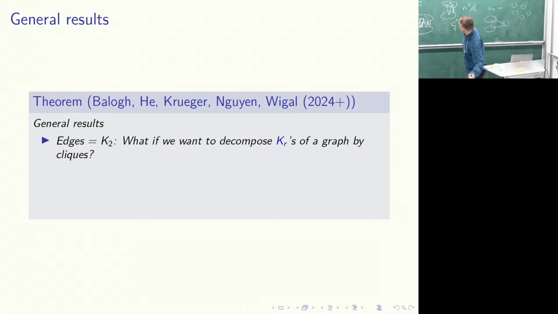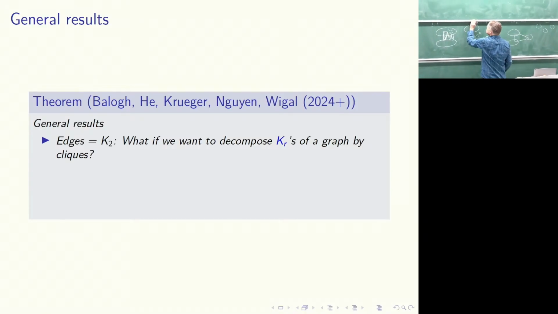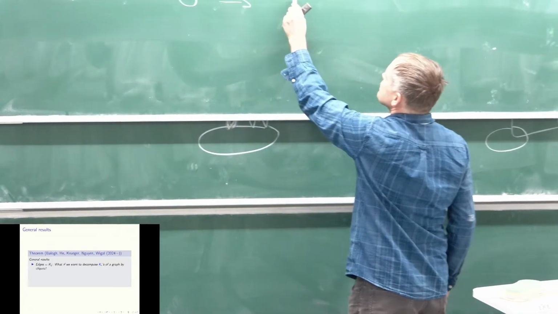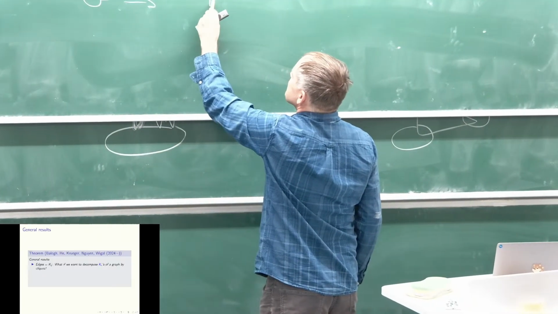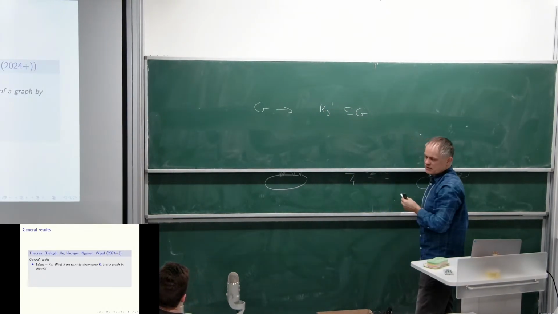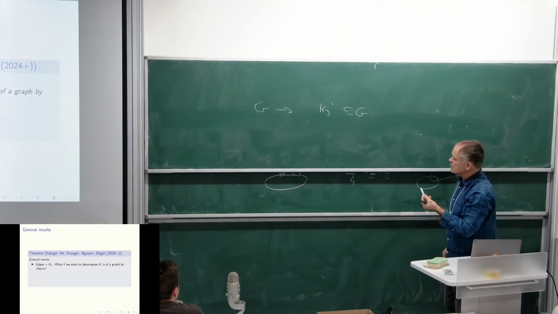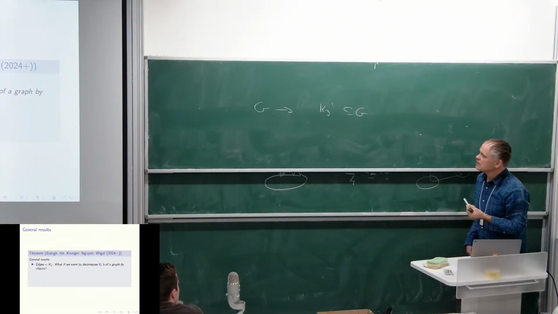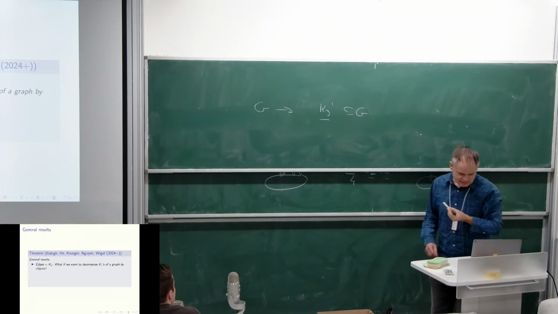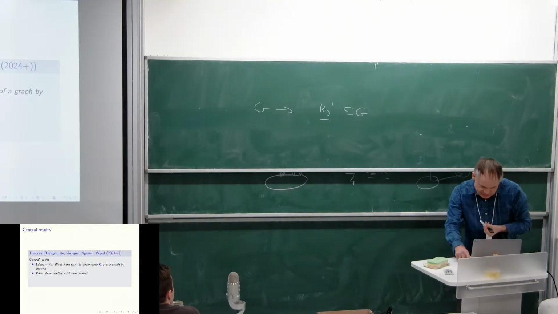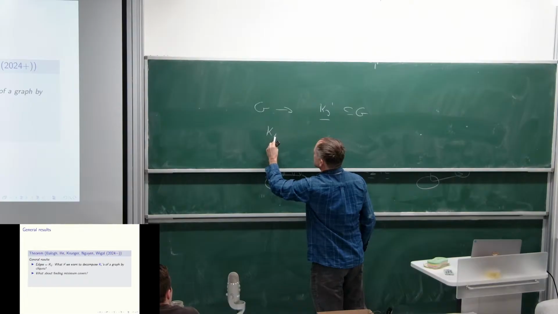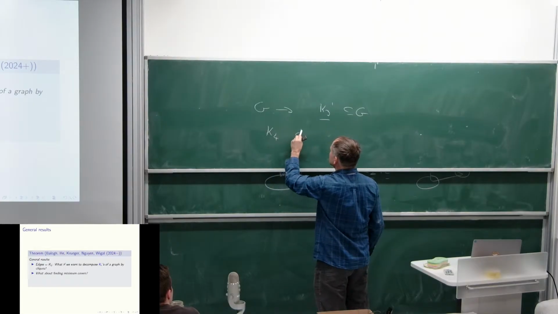So if we have a graph G, consider the triangles which are subgraphs of G, and we want to cover the triangles by cliques. Let's say we want to cover by K4s or decompose.